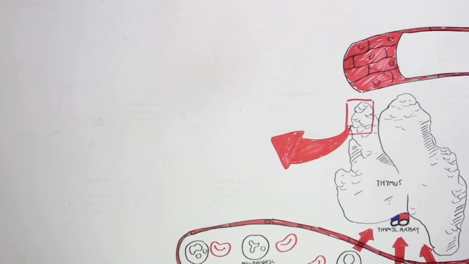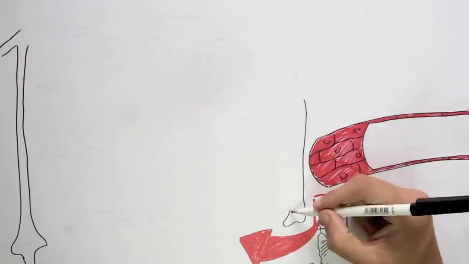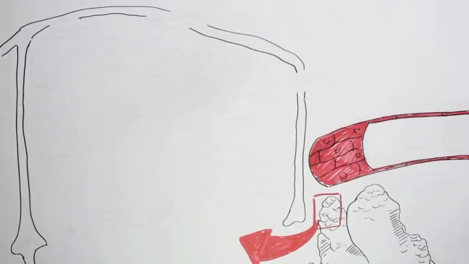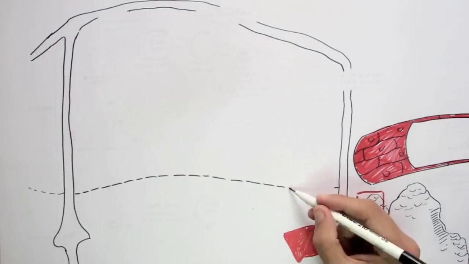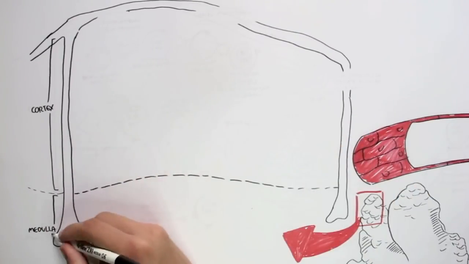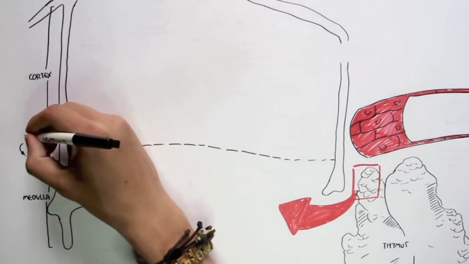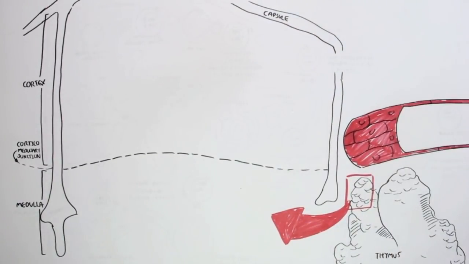Let's zoom into this thymus section here. Now this is just a simplified diagram of the inner works of the thymus. The thymus consists of the outer cortex and the inner medulla. And the cortico-medullary junction is what separates the cortex from the medulla. Surrounding regions within the thymus are known as the capsule.